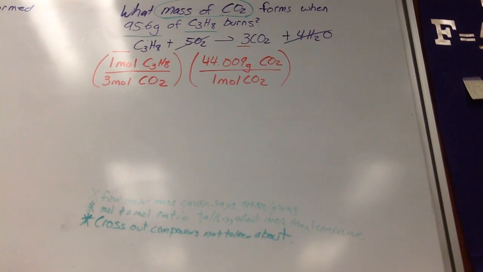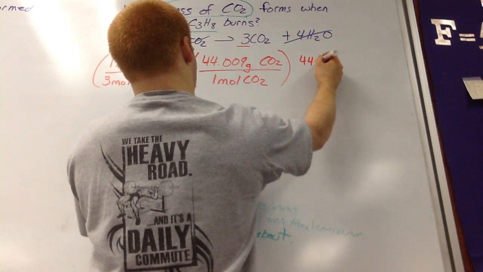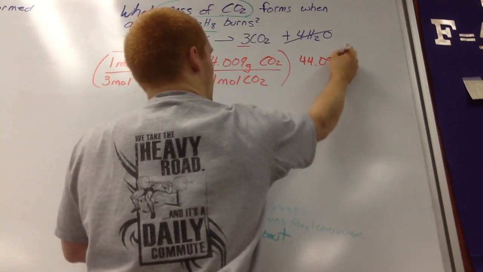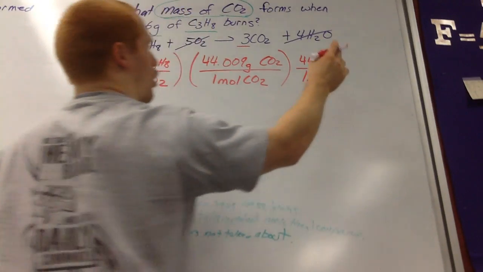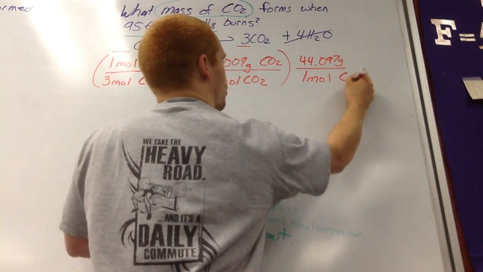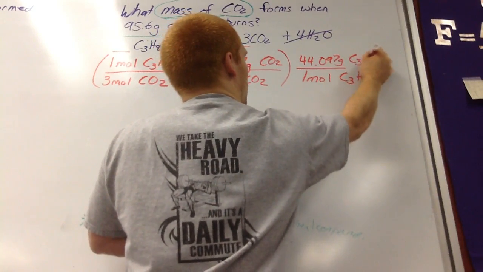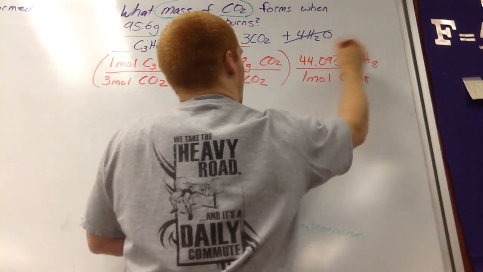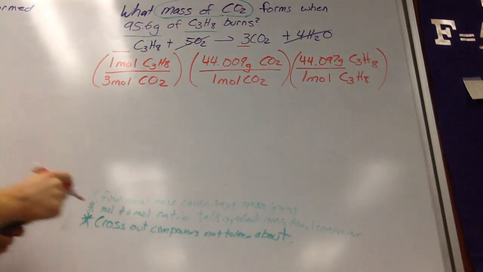Remember, I'm using these from the textbook, so that might be why I get slightly different numbers than you. They should be very similar, but they might be off by like 0.01 or something, which is not significant. Make sure you are labeling it completely. You need to know which one is talking about carbon dioxide and which one's talking about C3H8.